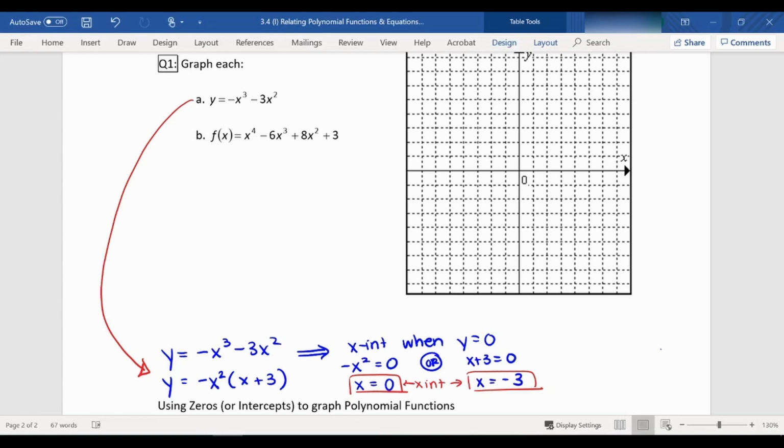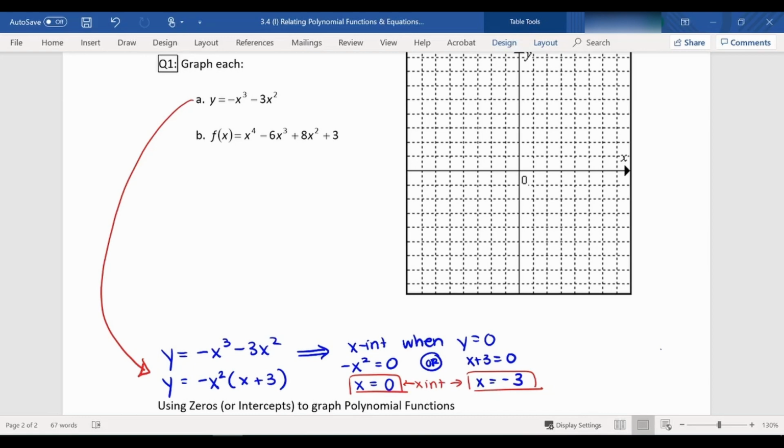Now, the other thing that you'll notice is that this is a cubic. So technically, we should have 3 factors. When we have a quadratic, we have 2 factors. So if we have multiple x-intercepts, we should have multiple factors. So here, x squared technically means we have 2 x-intercepts as x equals 0. We call this a multiplicity.